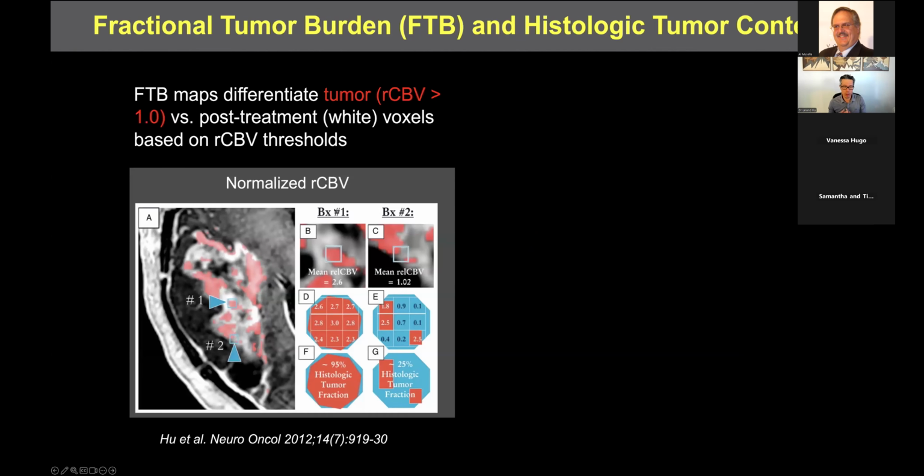We found that the quantification of tumor voxels correlates nicely with the neuropathologist's quantification of tumor abundance based off of surgical resection samples, and we showed that in a previous study in 2012.